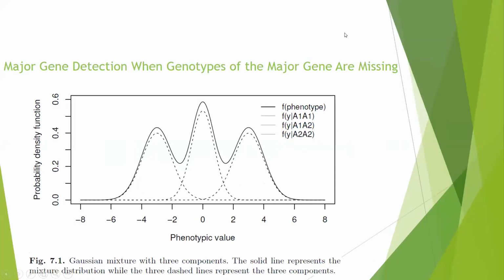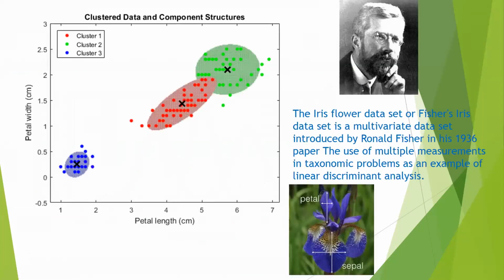All right, this is exactly what I'm talking about. So 3 genotypes, right? From the F2, and you're gonna see the mixture here. All right. So the idea of the mixture model analysis was raised by this great scientist, Fisher, and he actually used the iris flower as an example to introduce this idea.